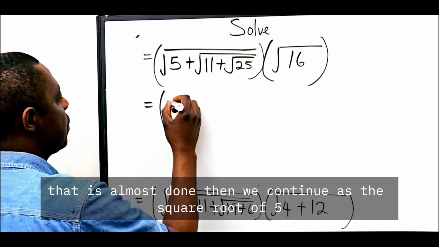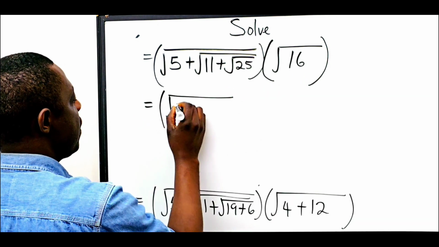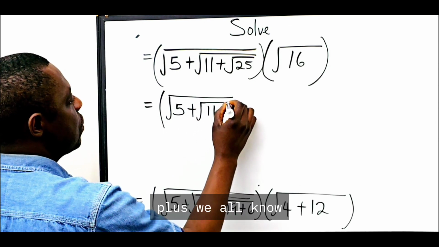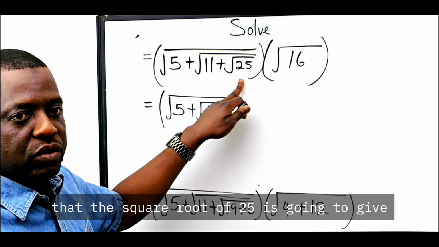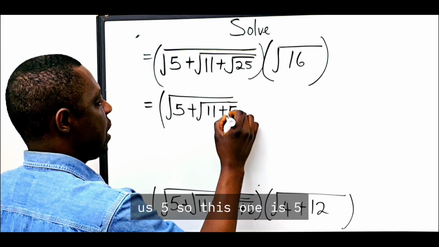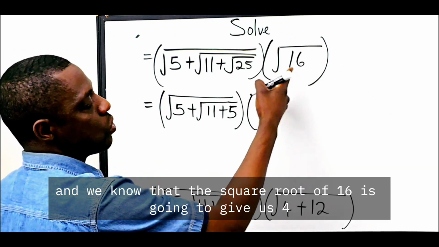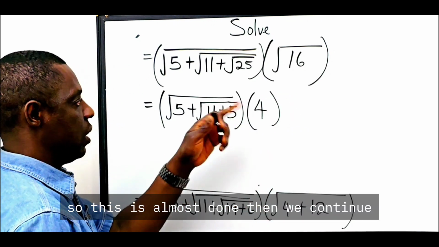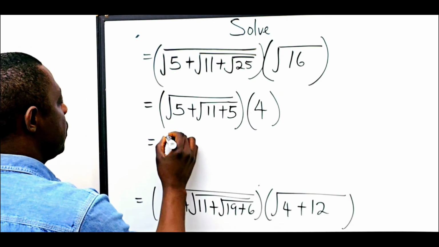Then we continue as the square root of 5 plus square root of 11 plus, we all know that the square root of 25 is going to give us 5. So this one is 5. And we know that the square root of 16 is going to give us 4. So this is almost done. Then we continue.